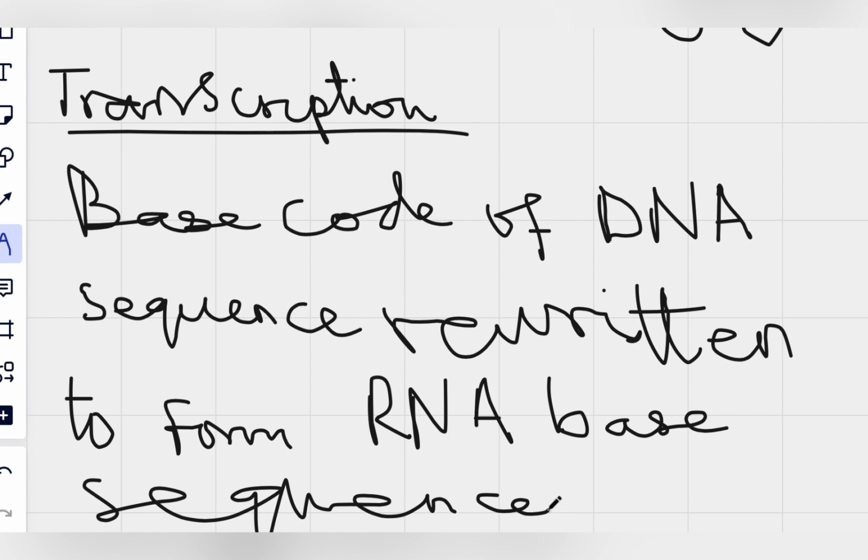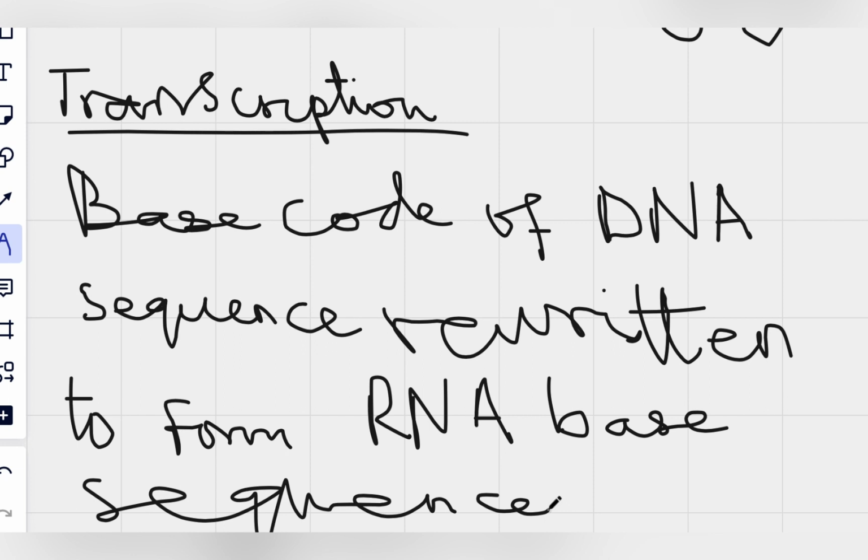It's very easy. The base code of a DNA is actually a series of base code that will combine to form amino acids. And this series of amino acids is what we call the protein. So this base sequence is the DNA.